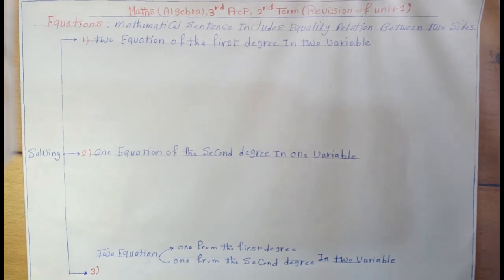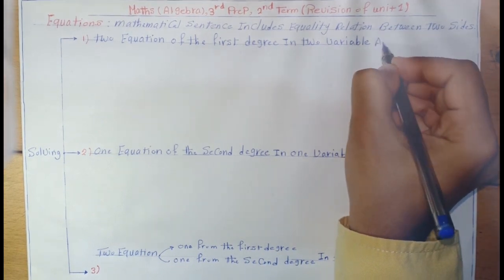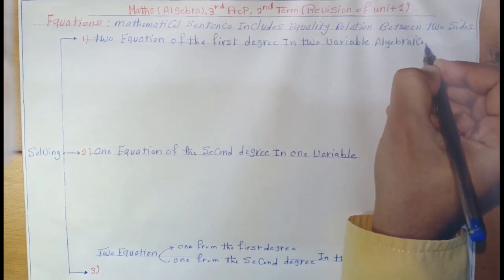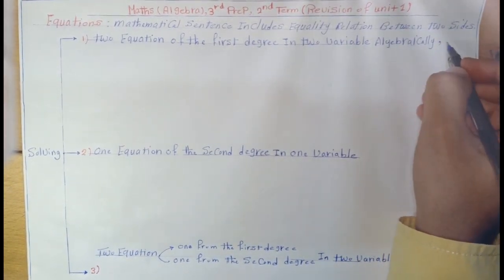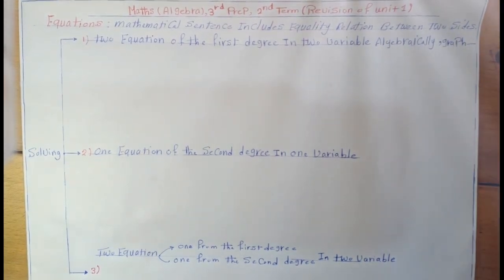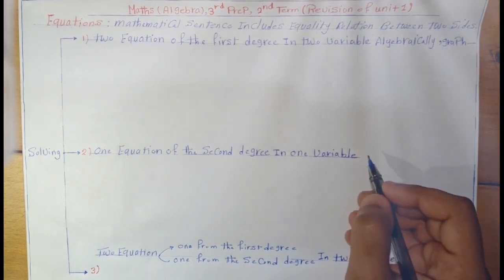In the first lesson, we have two methods to solve. The first method is algebraically, and the second method is graphically. And in the second lesson, we have also two methods.